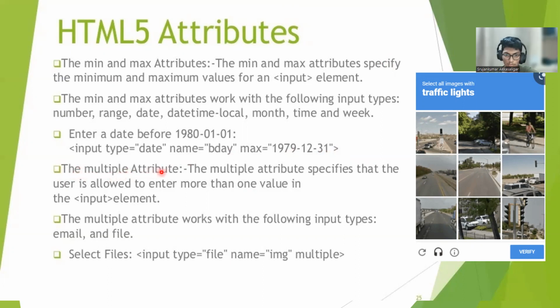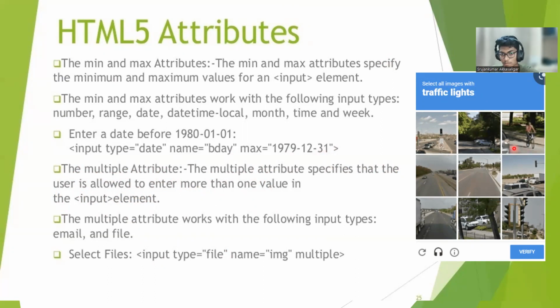The multiple attribute. The multiple attribute specifies that it can allow entering more than one value in the input element. Suppose you take an input element as image, and here is an example. Like, select all the images with traffic lights.